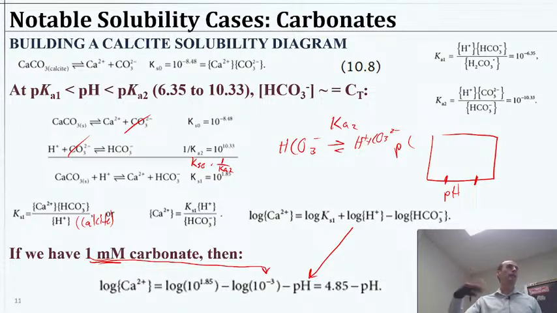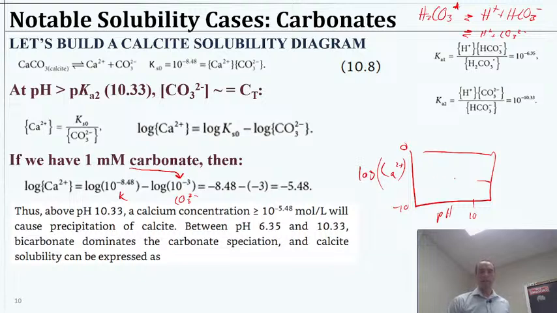Okay, so very handy. This is now a function of pH, so it will be a slanted line between those two values. And if we were to plug in the pH of 10.33, we should find the same value that we had last time at right here, which was negative 5.48.